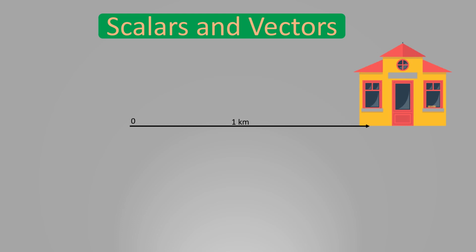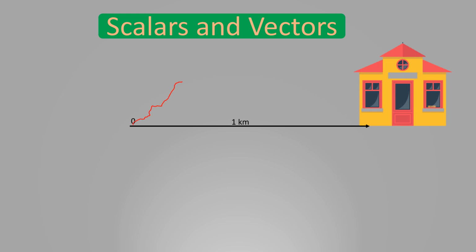In our everyday life, some physical quantities need only magnitude and some need both magnitude and direction. The quantity which needs both magnitude and direction is called a vector quantity, and the quantity which can be represented with just a number is called a scalar quantity. A scalar quantity doesn't require any direction. For example, let me show you this school. This is 1 kilometer away from point O. If someone asks me how to go to the school, and I say it's only 1 kilometer away, he may go in many directions.